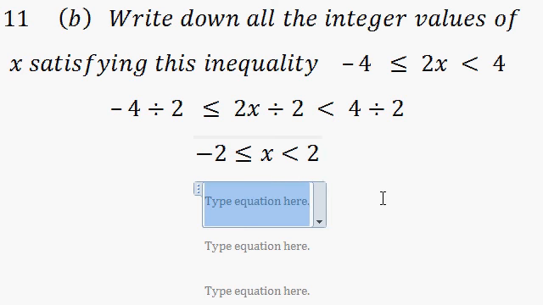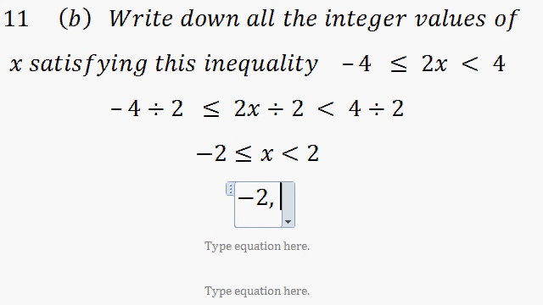Well, minus 2 is less than or equal to x. So if it's equal to x, then one of the possible values could be minus 2. Remember, it's also minus 2 is less than x, so x is greater than minus 2. So what other numbers are there that are greater than minus 2? Well, minus 1. We wrote down minus 2 because it's less than or equal to.